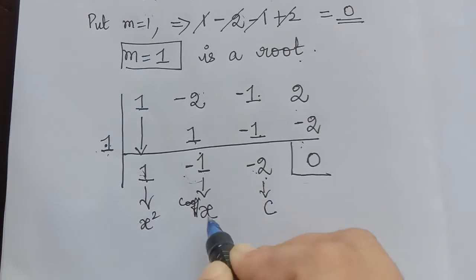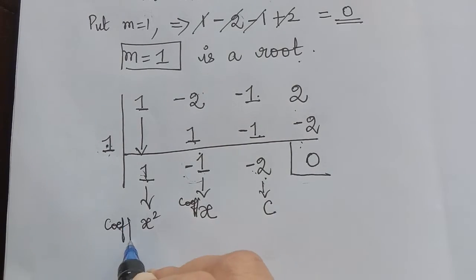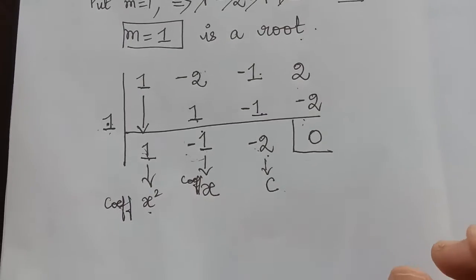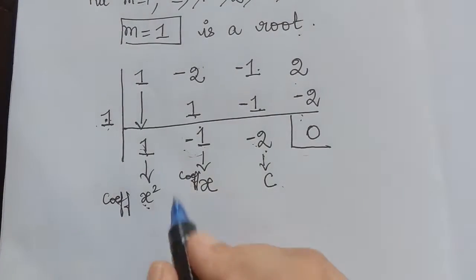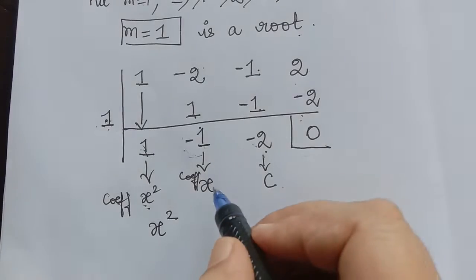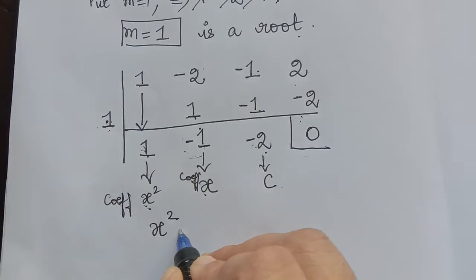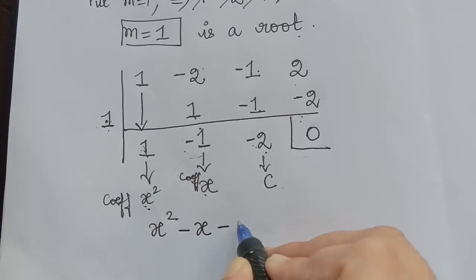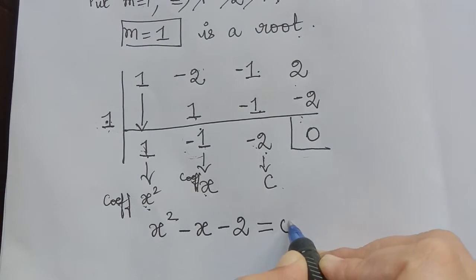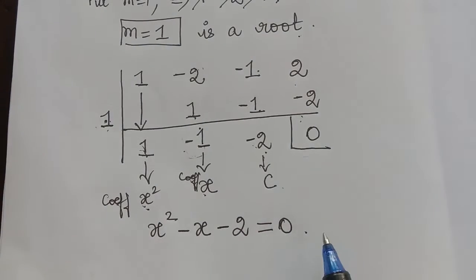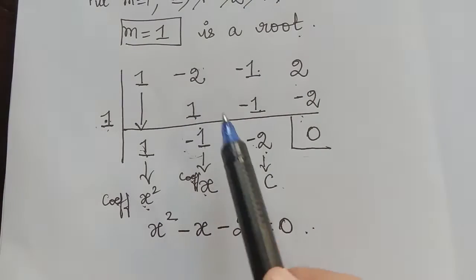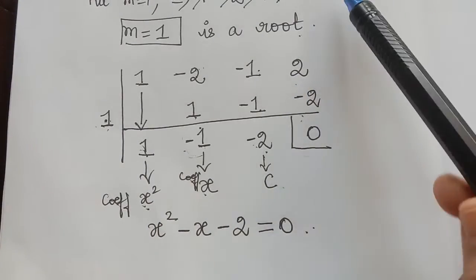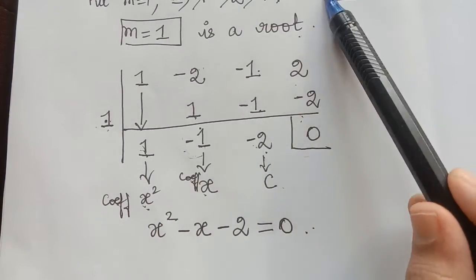So the coefficient of x square is 1, so 1 into x square. The coefficient of x is negative 1, so negative 1 into x. And the constant term is minus 2, equal to 0. This is the quadratic equation which we obtain after using m equal to 1 as a root and dividing the cubic equation which we obtained in our previous step.